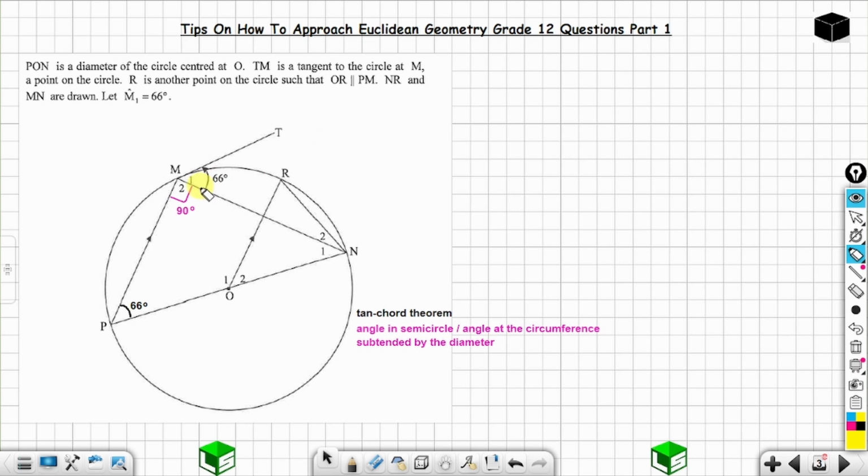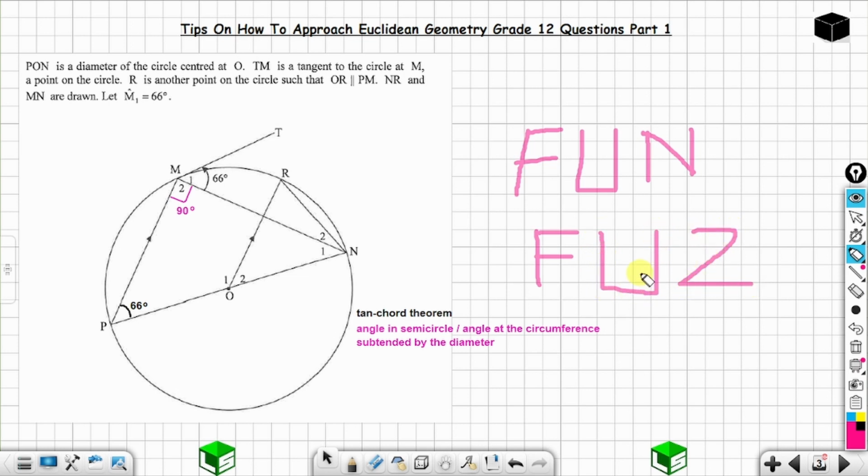So whenever you have parallel lines, think of the word fan. Think of the word fan, or phase, like this. Fan or phase.